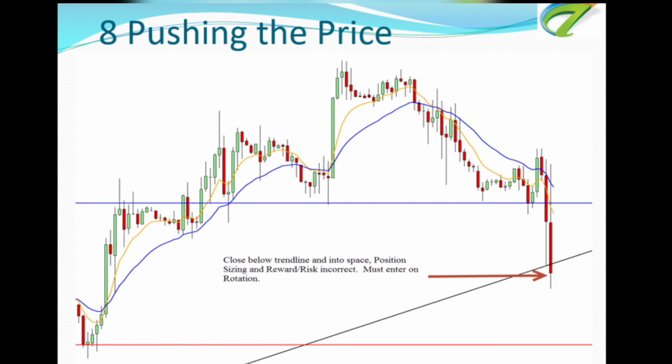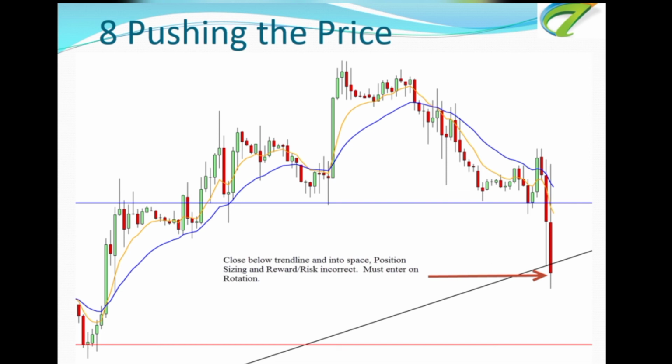Here it is. Close below trend line and into space, position sizing and reward risk incorrect, must enter on rotation. So this is the previous line from the graph, and this is the start of the formation.